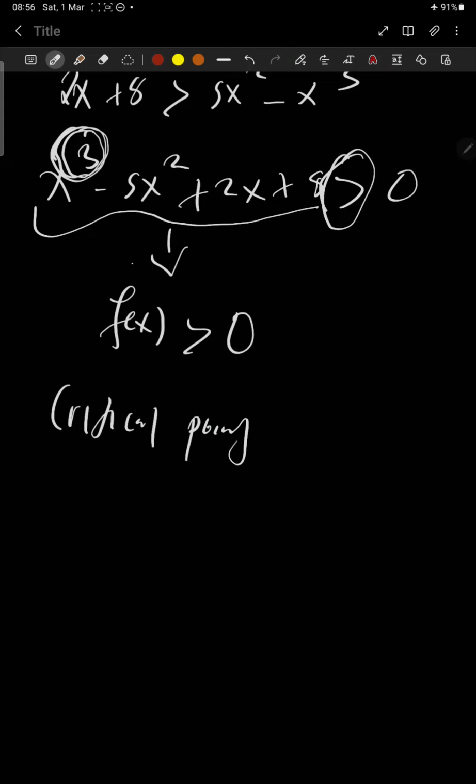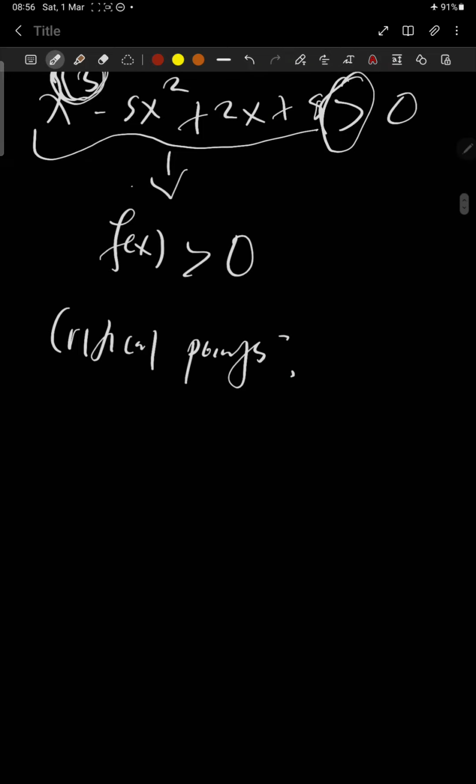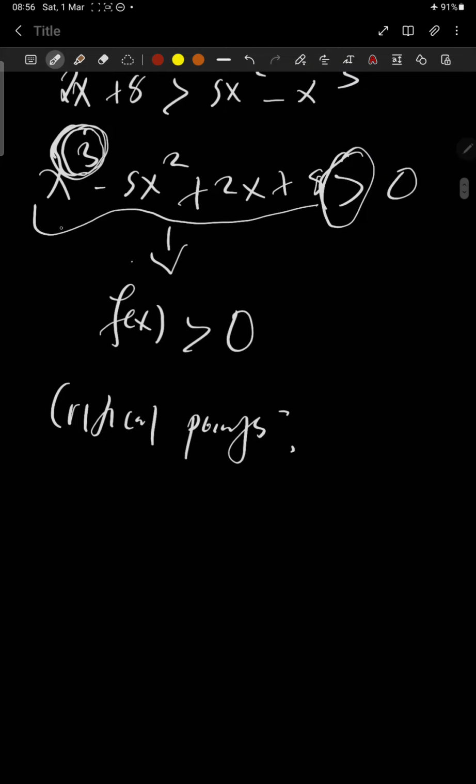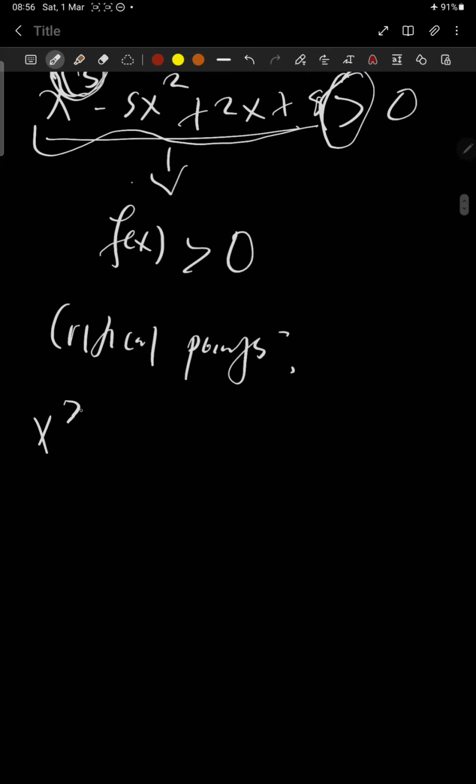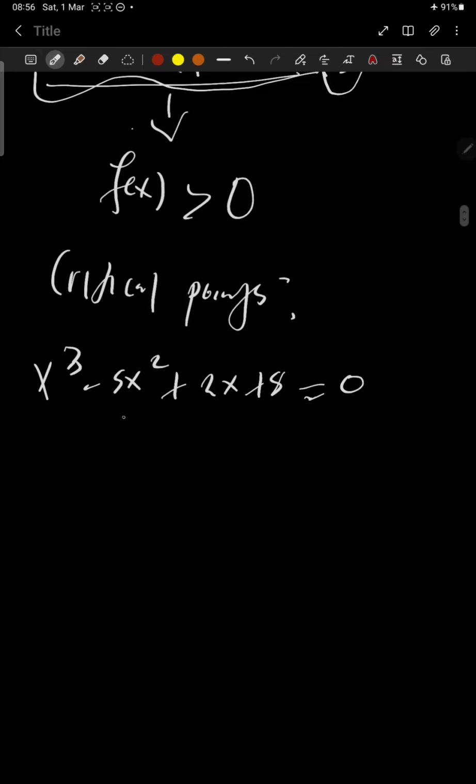After you write critical points, you're going to equate this to 0. You're going to remove the inequality symbol, so you're going to have x cubed minus 5x squared plus 2x plus 8 is equal to 0. Then you express it in factor form, and you already have the factor form for this.